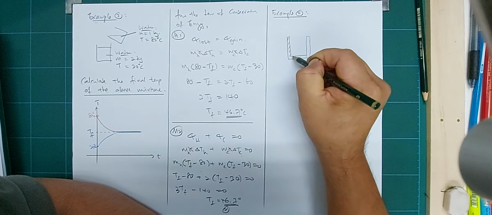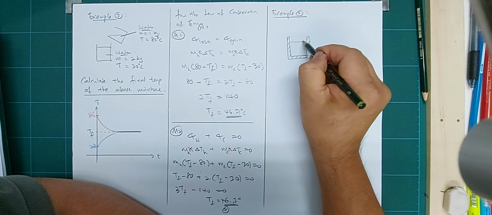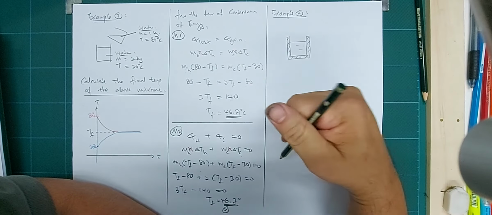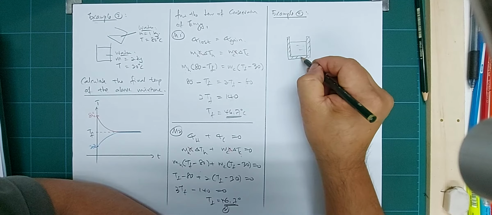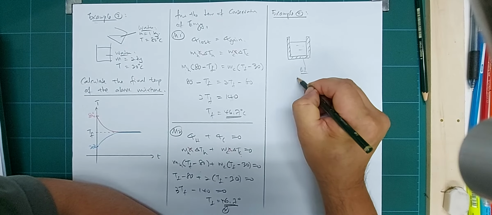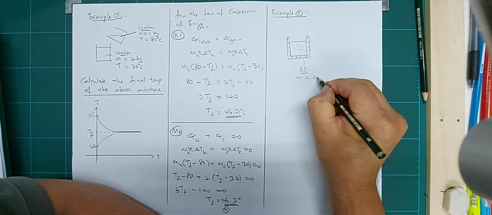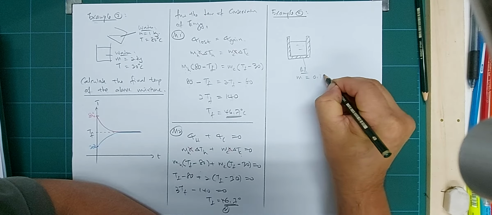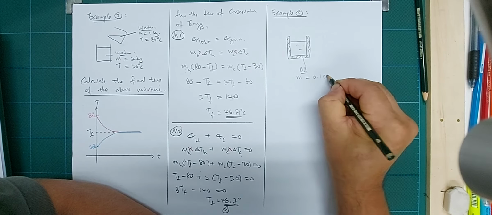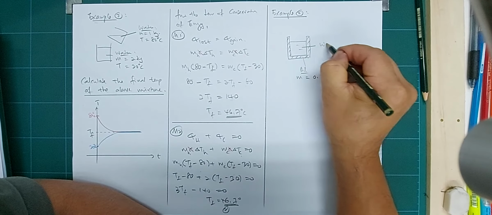Normally when the question gives you the mass of the container, then you can start believing that the container is involved. Now we have two materials here. This one is aluminum, and let's assume it has a mass of 0.100 kilogram, 100 gram, and then this one is water.